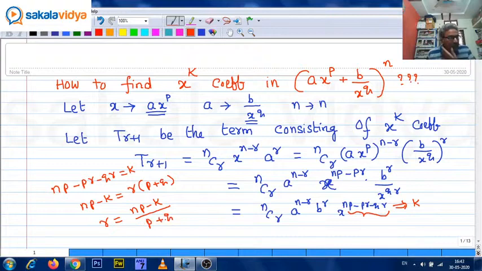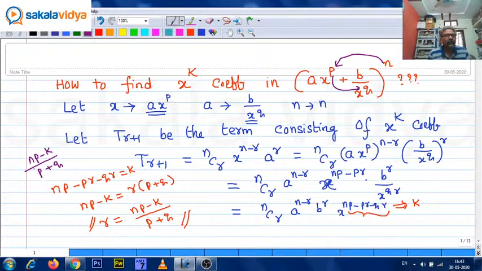Okay, right? So this is the shortcut. How to find the r value is very simple. I'll give the logic also: n multiplied by p, minus k, np - k, divided by the sum of these two, p + q.